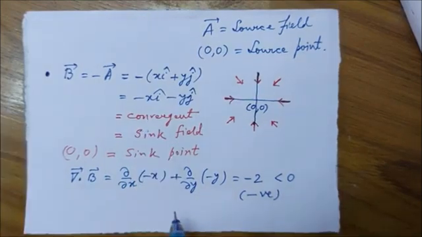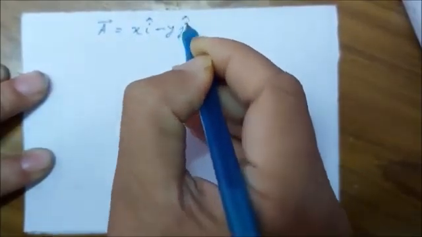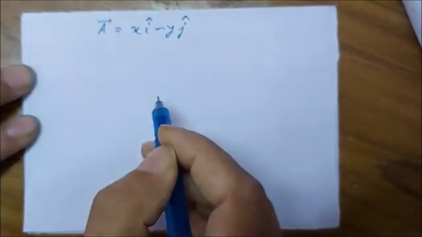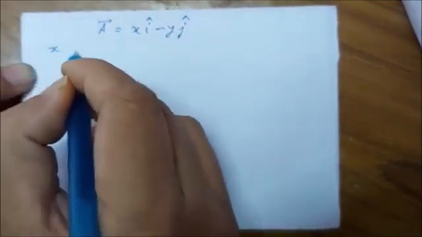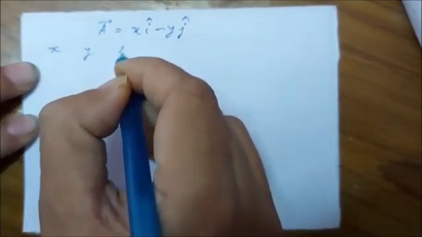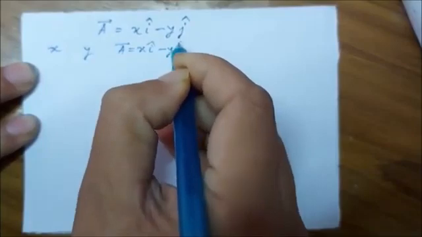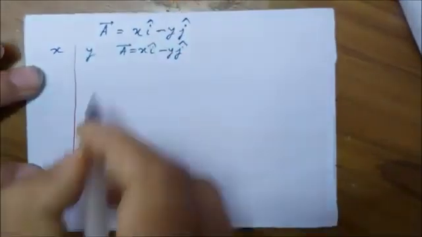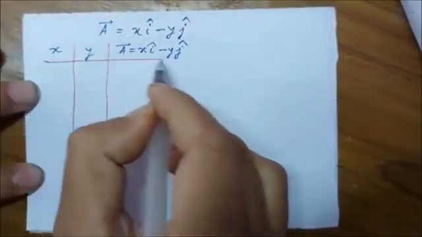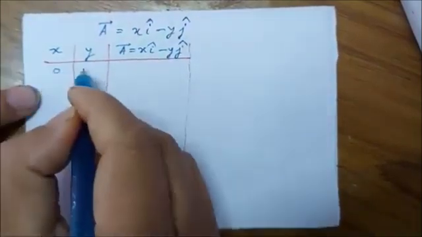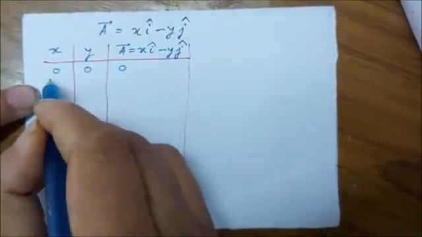Let us mention another example to highlight the physical significance of divergence of a vector. Suppose vector A is x i cap minus y j cap, and let us make a plot. For 0, 0, this gives 0.